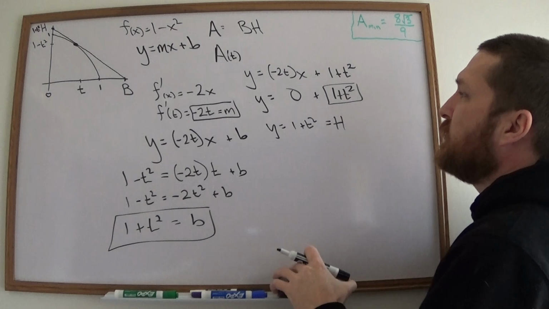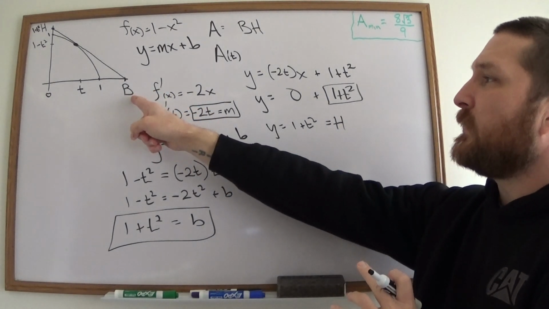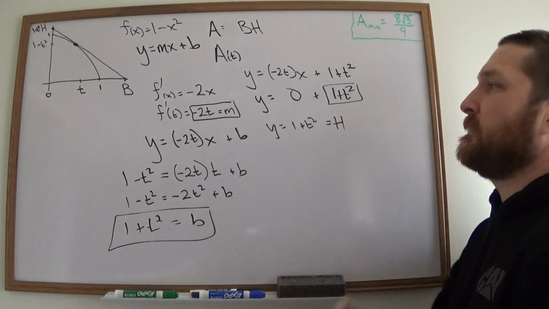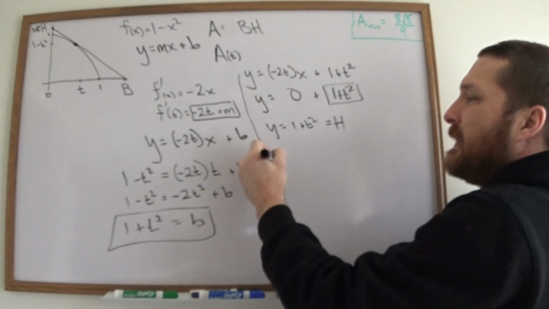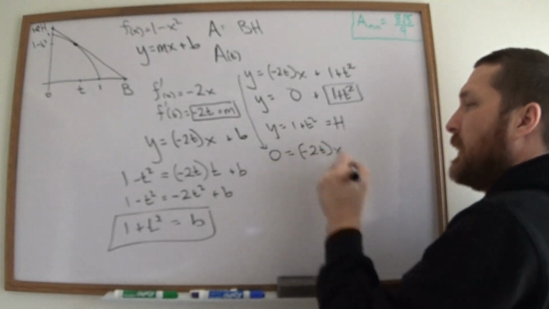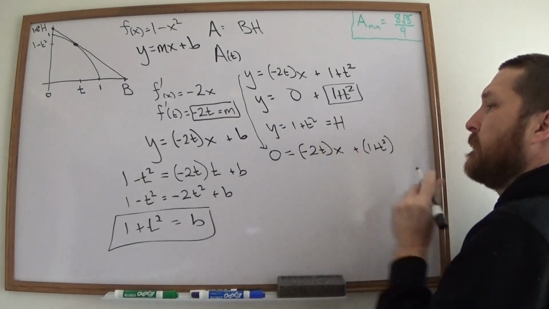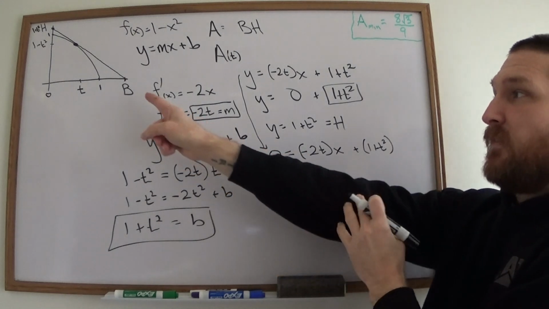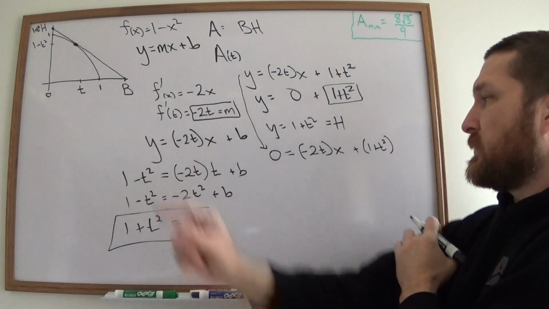Okay, and so now we need to find the x-intercept, which is b. The way we do that is we set y equal to 0 and solve for x. So I'm going to take this guy here, make his output equal to 0: negative 2t x plus 1 plus t squared. And now I just need to solve for x, because we're finding for what x value does it give me a 0 output, which is where b is.